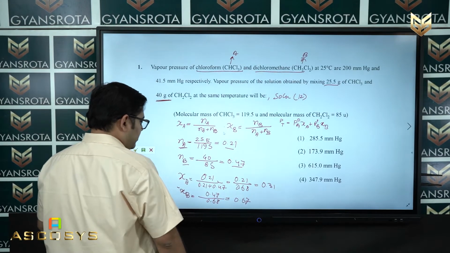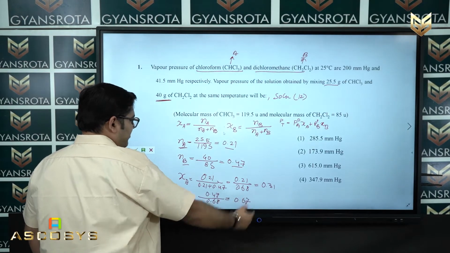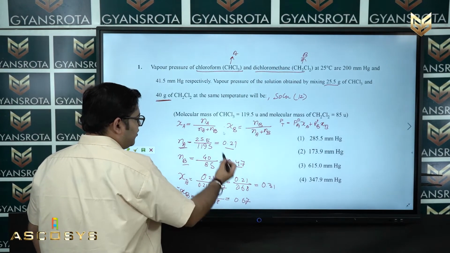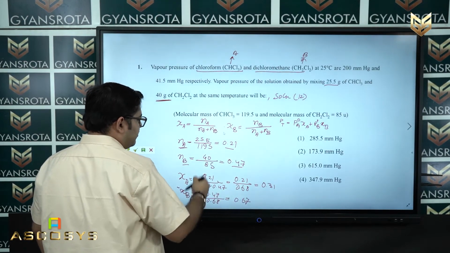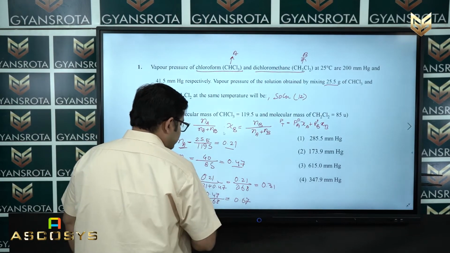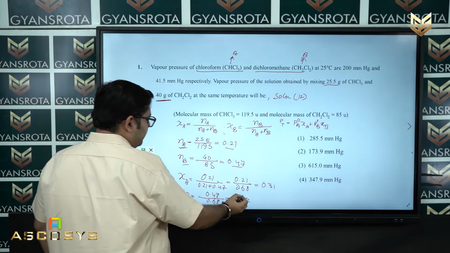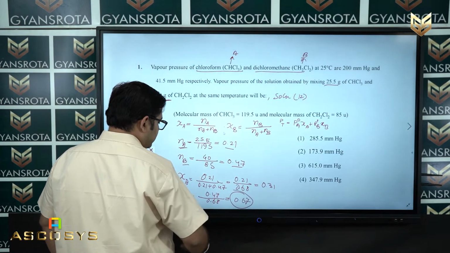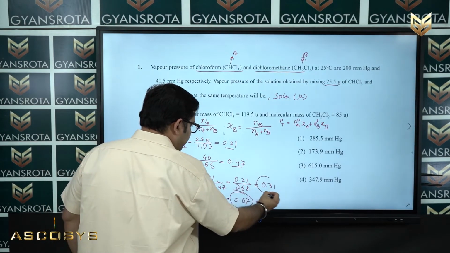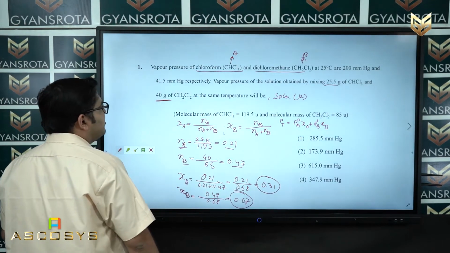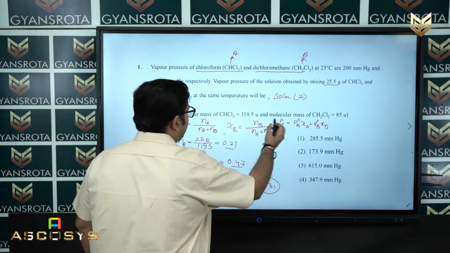These are approximate values, so please try it at home using calculators, or take your time to do the calculation. So, the mole fraction of B is 0.67 and the mole fraction of A is 0.31.